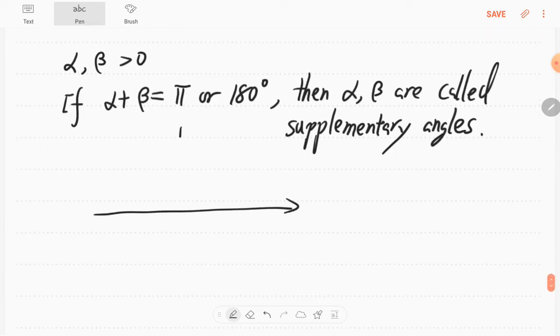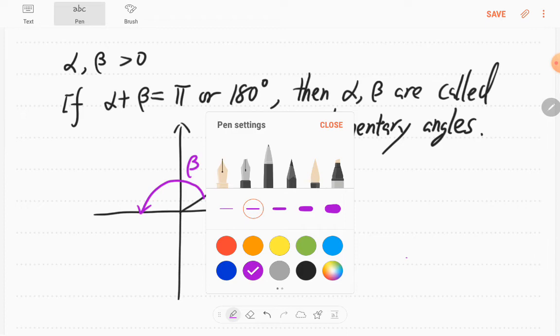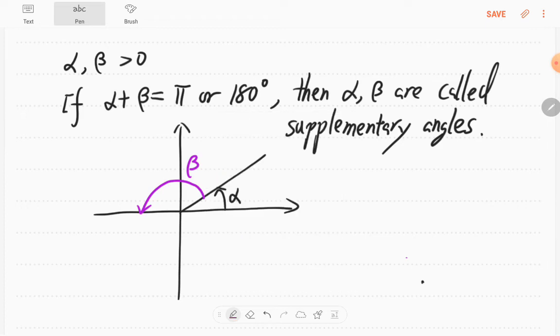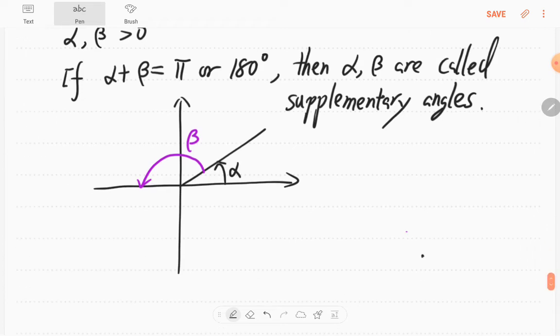This means if you have alpha here and the beta is from here to here, so you add together it would be pi or 180 degrees, right? If you add together. So these two angles are called supplementary angles.